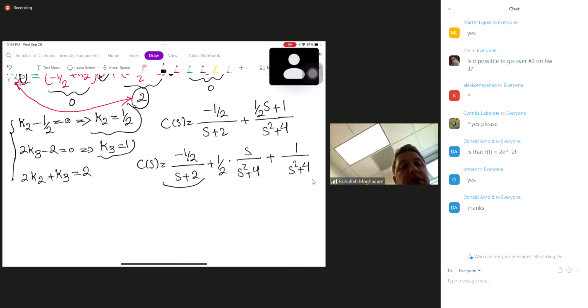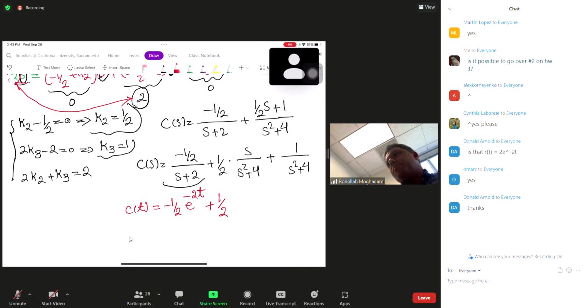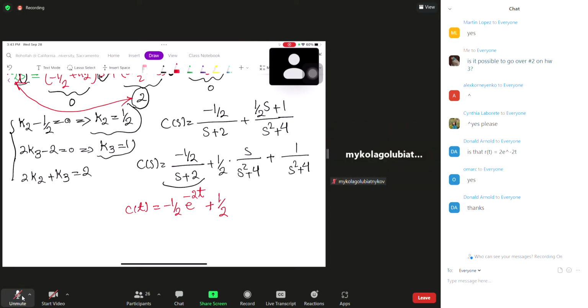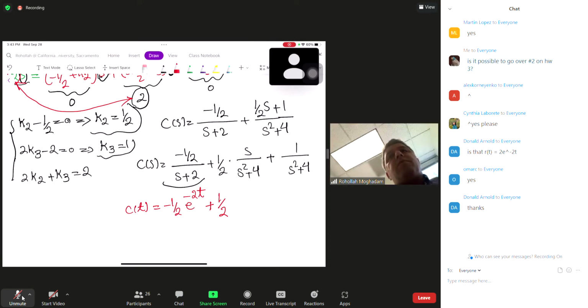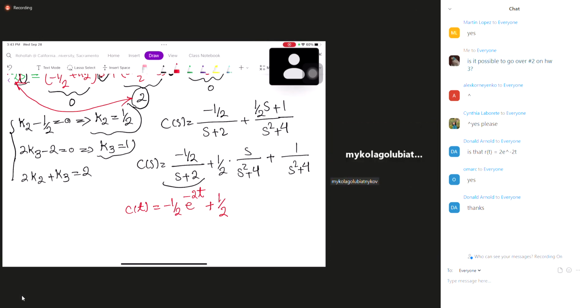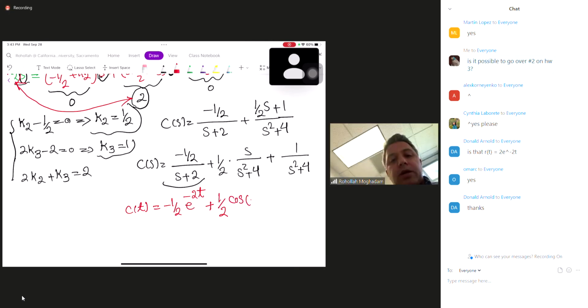We know that the inverse Laplace transform of the first part becomes negative half e to the negative 2t. So the second part becomes 1/2 what? Cosine 2t. 1/2 cosine of 2t, that is correct. And what is the third one? Can anyone tell me that?